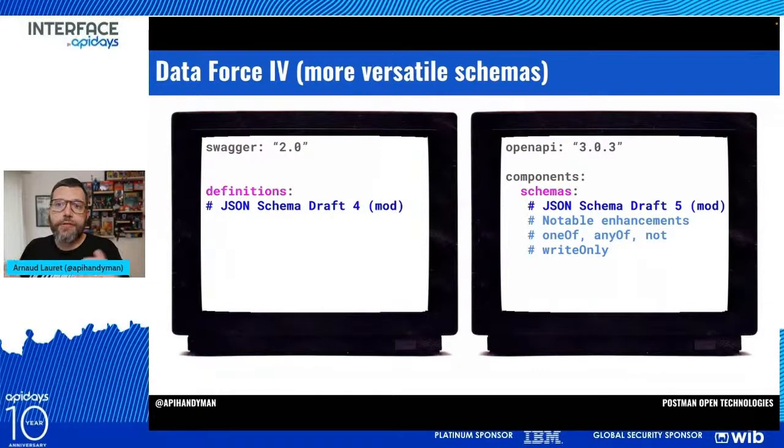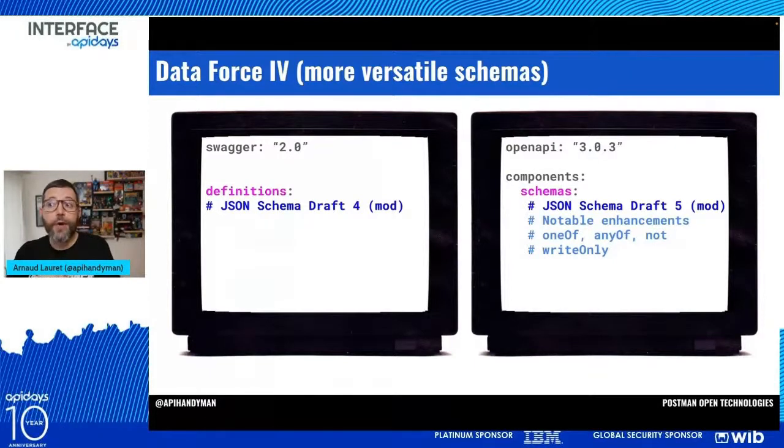And in both cases, in Swagger 2 and OpenAPI 3, there are some extra properties that were added by the specification. So basically now in OpenAPI 3, you can take advantage of the oneOf, anyOf, and not properties that allow you to combine different JSON schemas together, which is very useful.